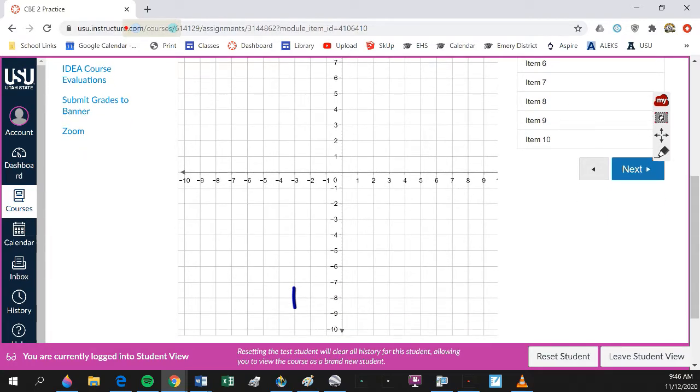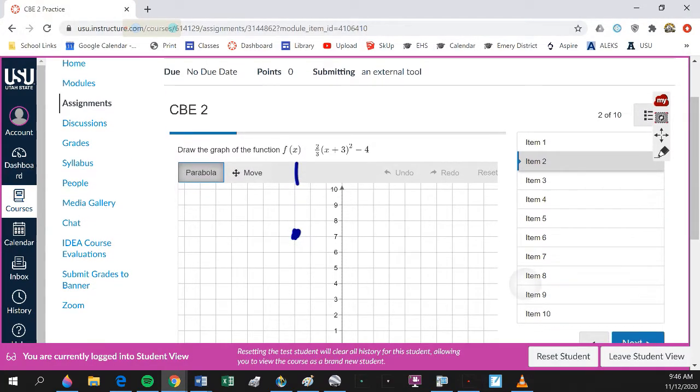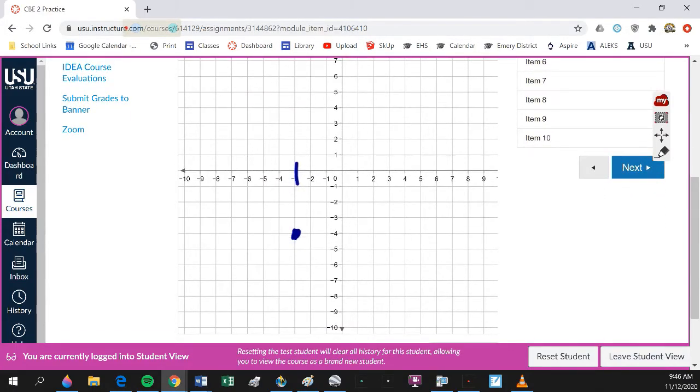Oh, that wrecked my line. All right. So left 3, down 4 right here. This is no bueno. And then I need to make it 2/3 as tall. How do I do that? Oh, that's not nice.